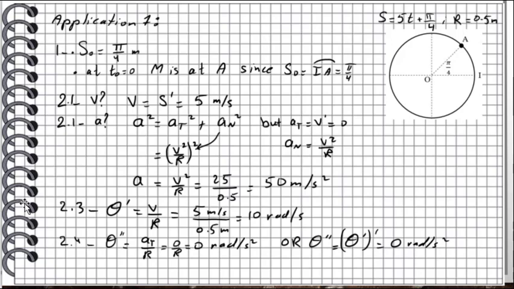Choose any you like. So part 3, the motion is uniform circular motion, since the angular speed is constant, or the speed is constant, and the trajectory is circular.